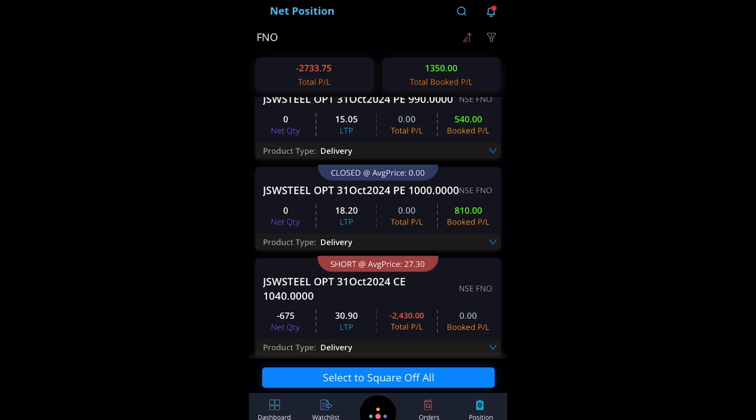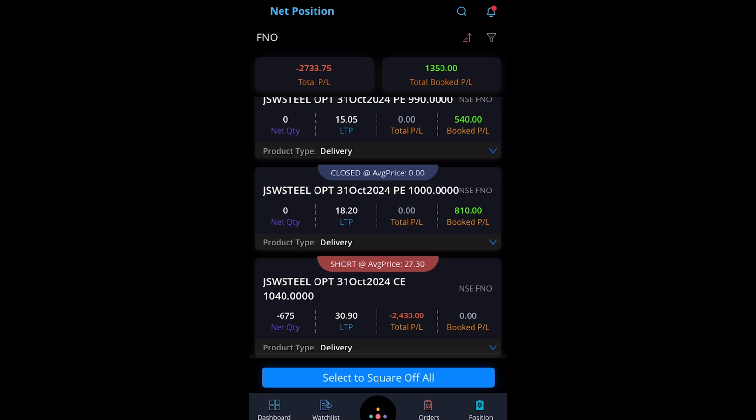I sold at 27.3 because I saw on the Money Control website that JSW Steel was the maximum gainer. Its spot price was 1000, 27 something like that.